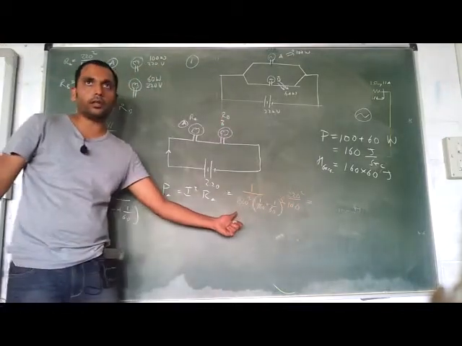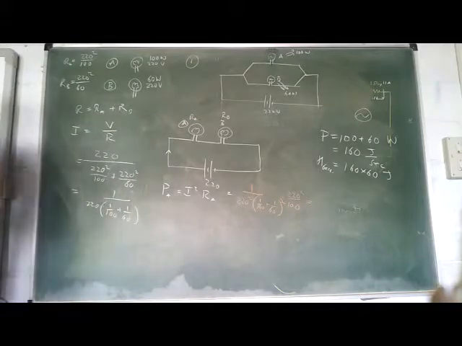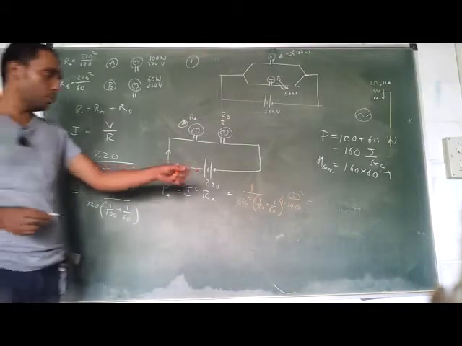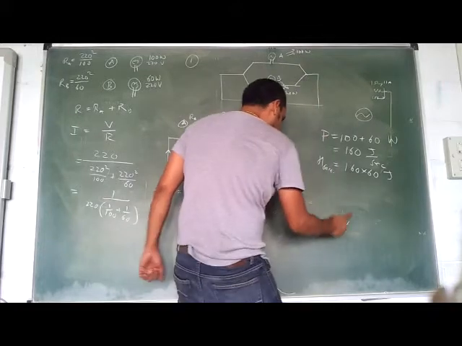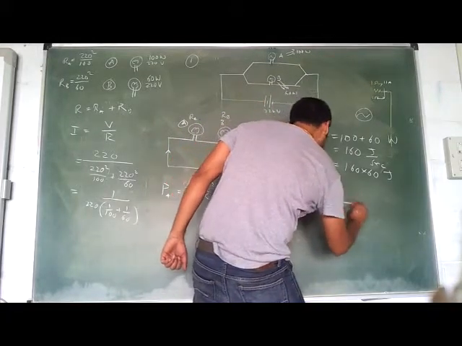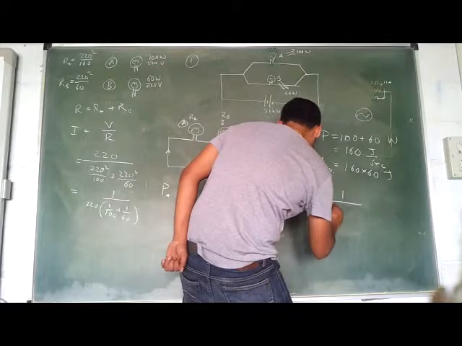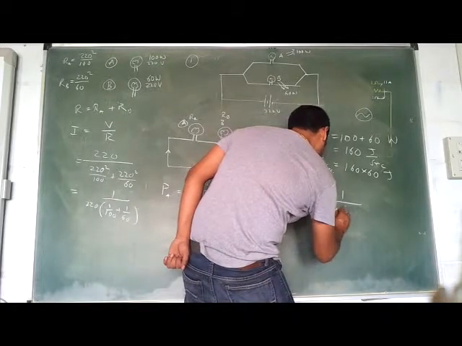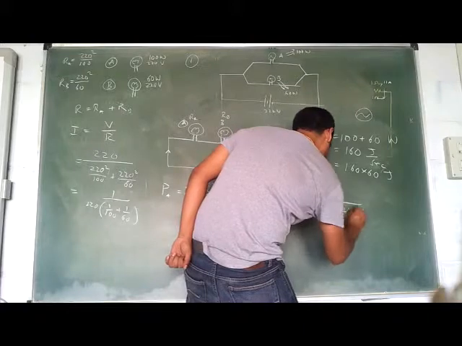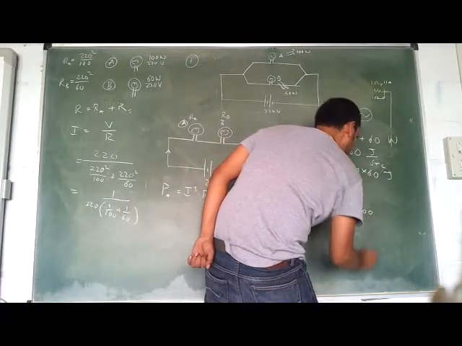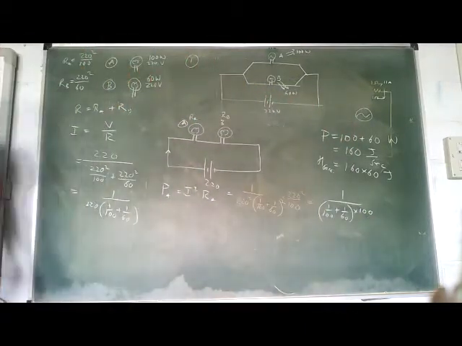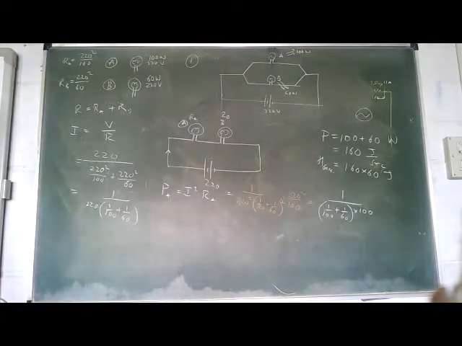This is I square, this square, that square. 220 square gets cancelled, or not? What do you get? Write it with your own hand, you will get it. Don't look on the board. This is what you get: power from bulb A. So you see I have never cancelled the 220, it eventually gets cancelled. So keep it as it is, it will not matter.